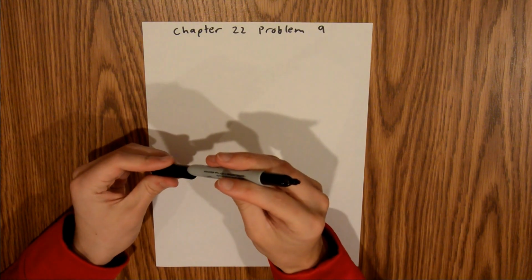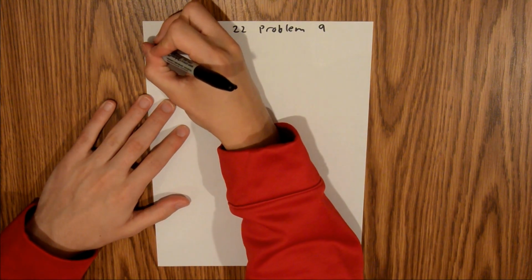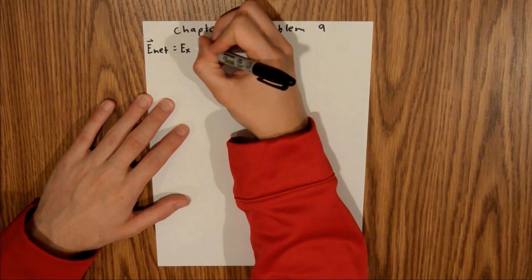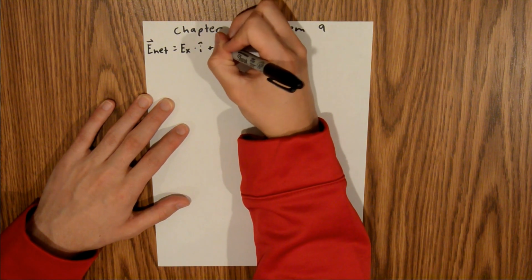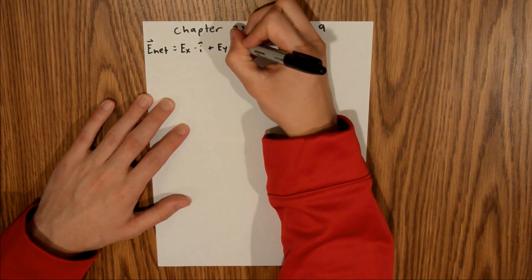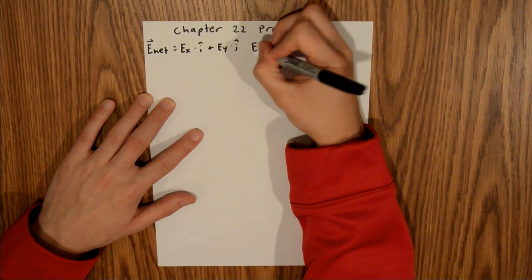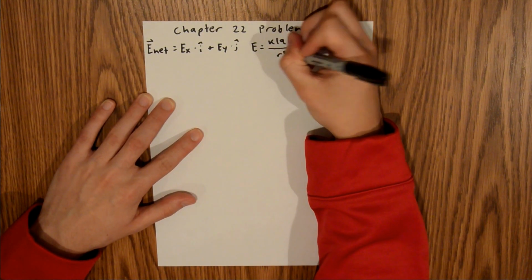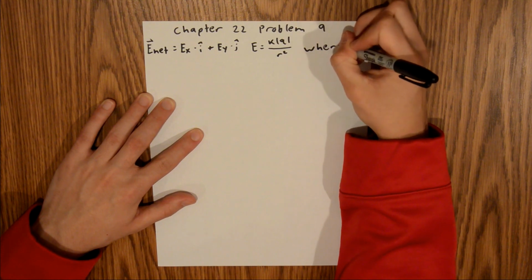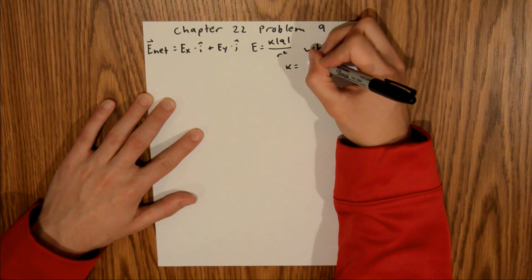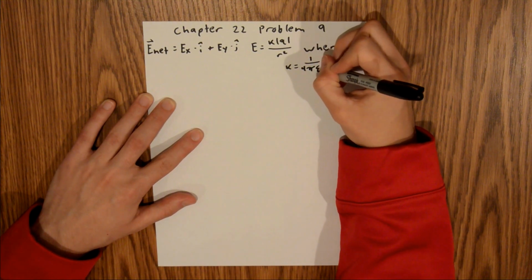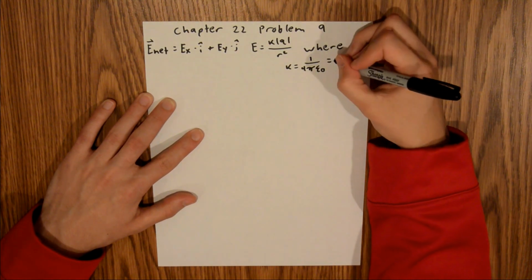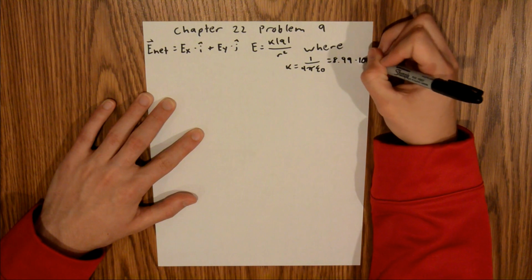And so we know that the net electric field is equal to E of x times i hat plus E of y times j hat, and we know that E is equal to k times the absolute value of q over r squared, where k is equal to 1 over 4 pi epsilon naught, and that is a universal constant, which is equal to 8.99 times 10 to the 9th.